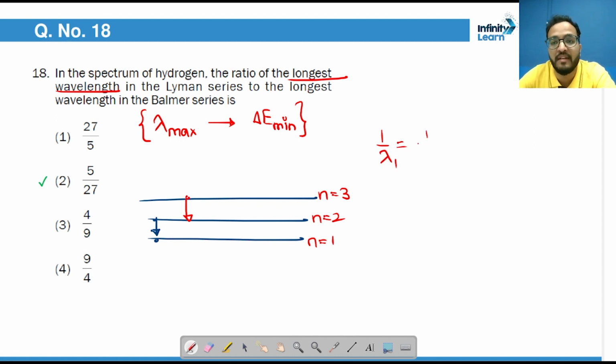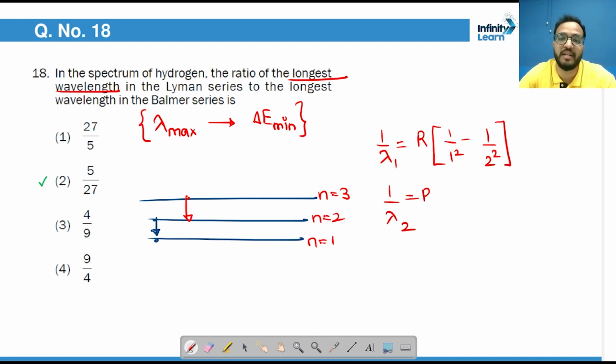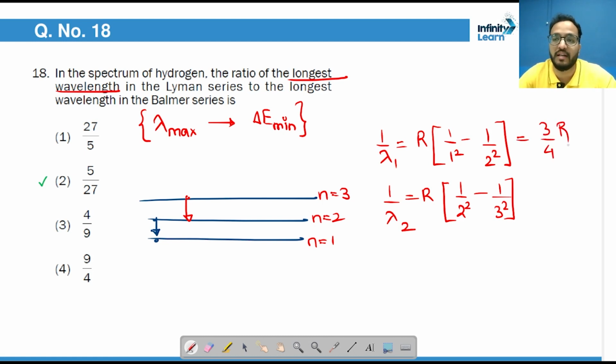So you will say 1 by lambda 1 for the Lyman series will be Rydberg constant, you know the formula, Rydberg constant into 1 by 1 square minus 1 by 2 square. And for Balmer series it will be Rydberg constant into 1 by 2 square minus 1 by 3 square. It will be how much? 3 by 4 R, right? And it will be how much? 5 R by 36, since 3 threes are 9, 4 nines are 36.